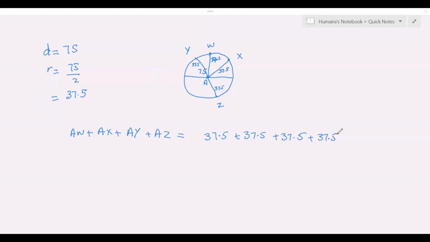We will add all these together and we will get the answer. They are giving us 150, which is our option E. Okay.